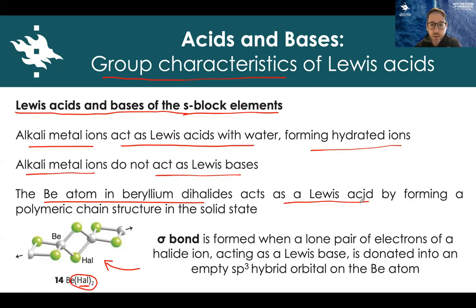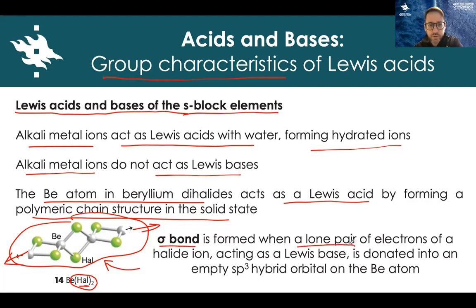And this occurs by the formation of a polymeric chain structure in the solid state, as represented here in this molecule. So this extends in both directions to generate this polymeric chain structure. And here a sigma bond is formed when the lone pair of electrons of the halide ions, which act as a Lewis base, is donated to this empty sp3 hybrid orbital on the beryllium atom.